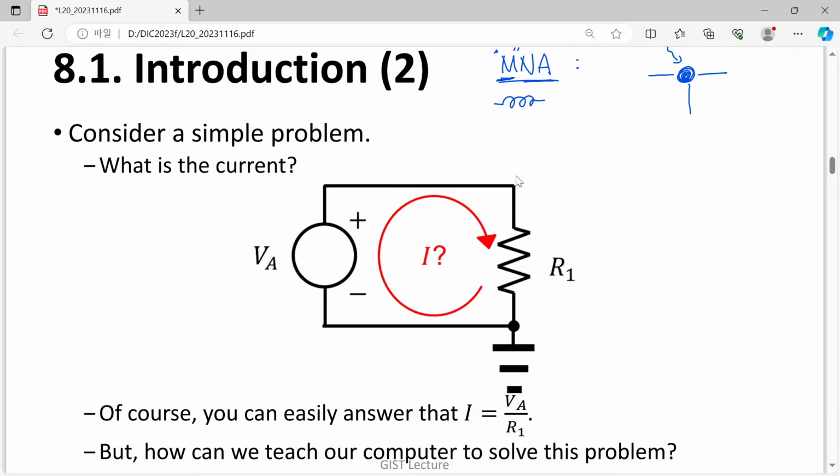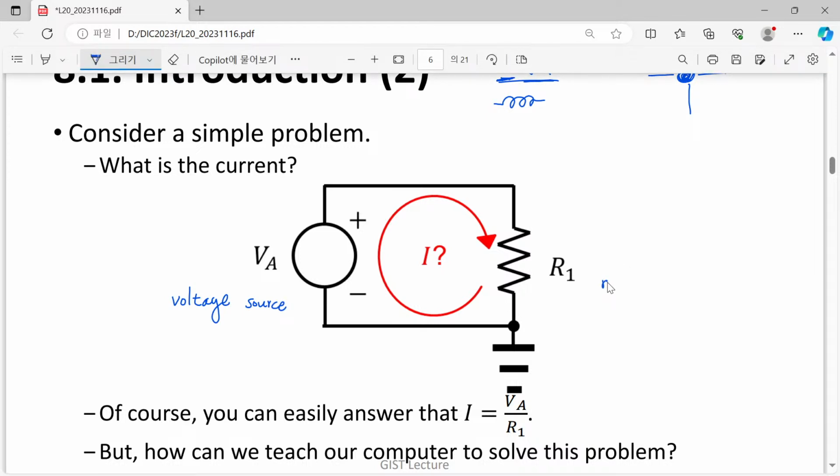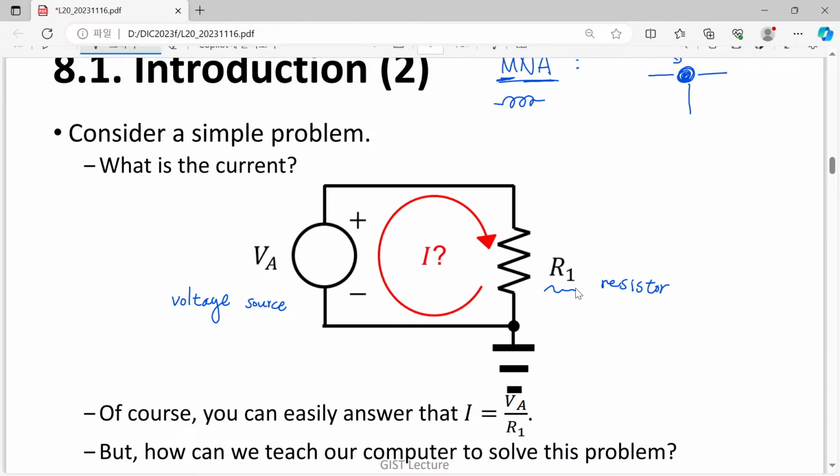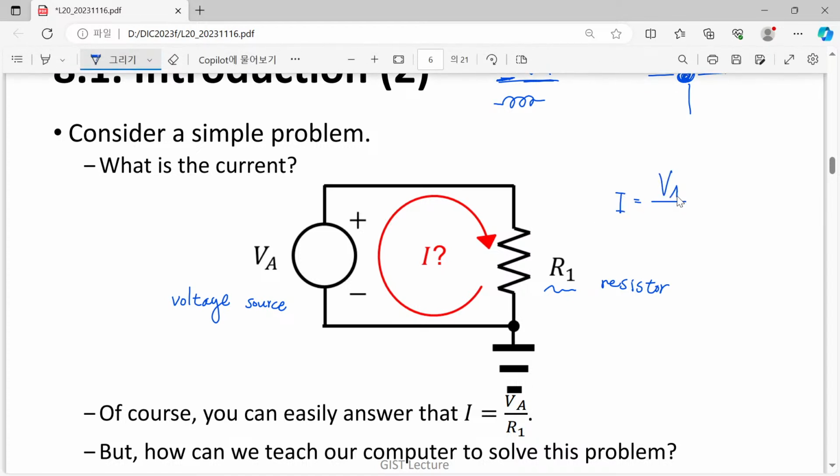Consider a simple problem shown here. It is too simple. Here we have a voltage source and here we have a resistor. Then if I ask you, what is the current flowing through this resistor? I'm not kidding. This can be easily answered even by pupils, and the answer is quite obvious to us, like VA over R1.